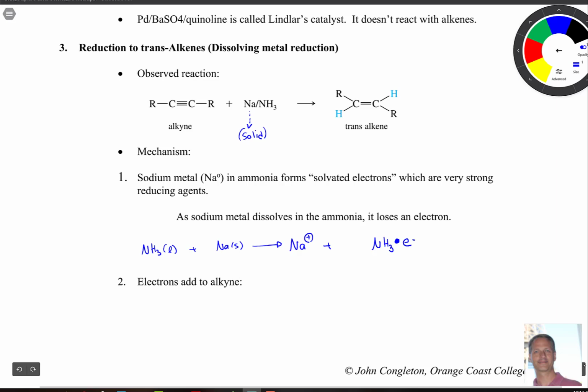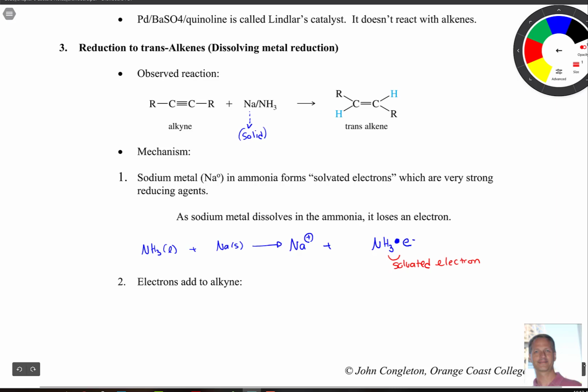So we write that by writing NH3 and a dot e minus. So you've seen those dots before, I think, when you talked about like hydrated metal compounds, copper sulfate hydrates and stuff like that. So this thing is a solvated electron.